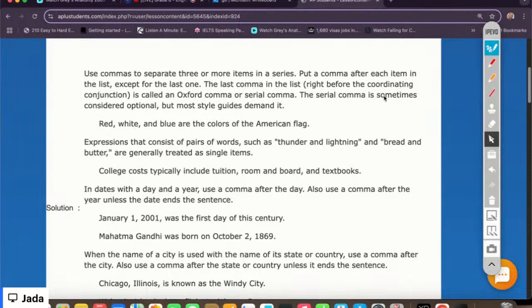Alright, so we will start now. Use commas to separate three or more items in a series. So if you have a series, you have to use the comma to separate them.